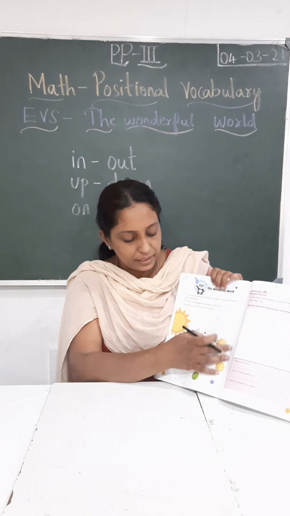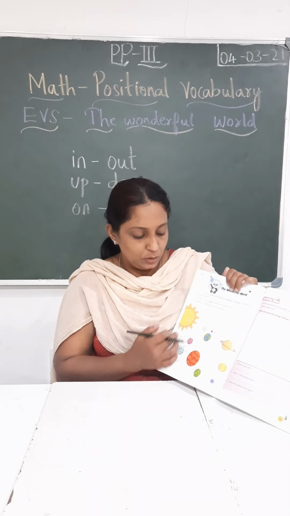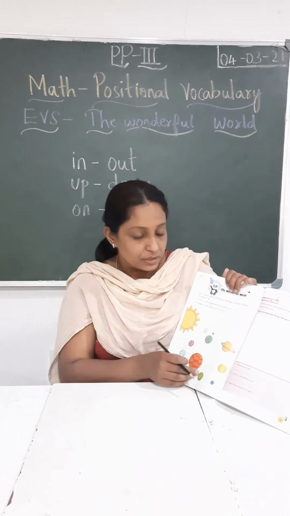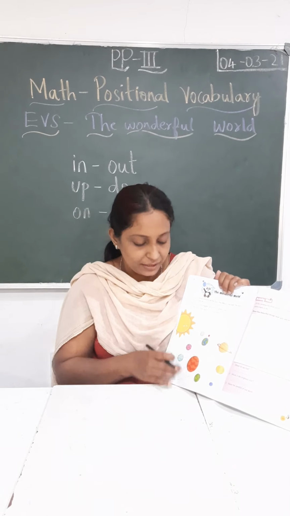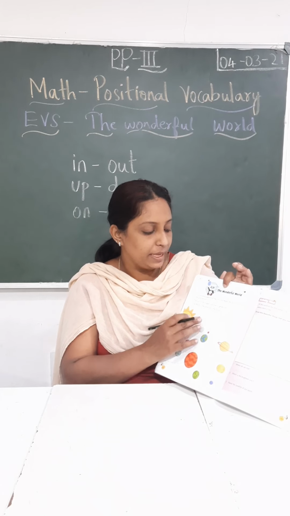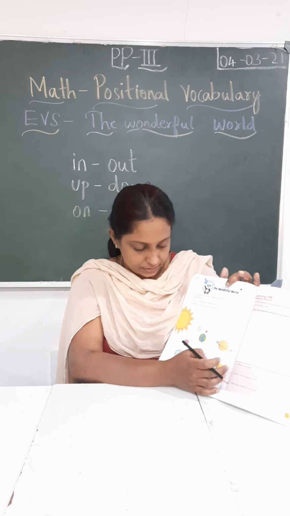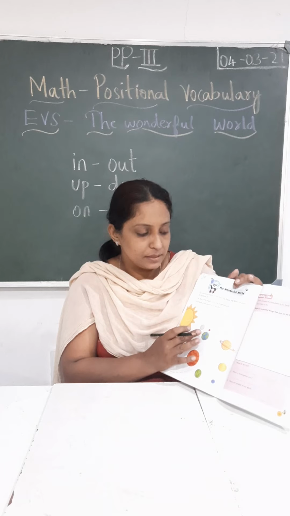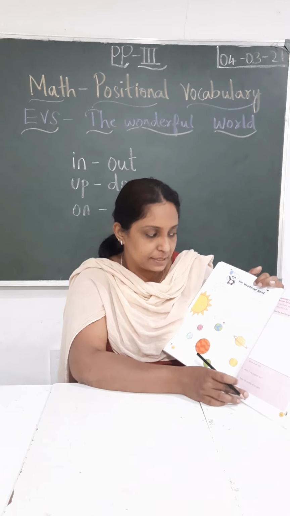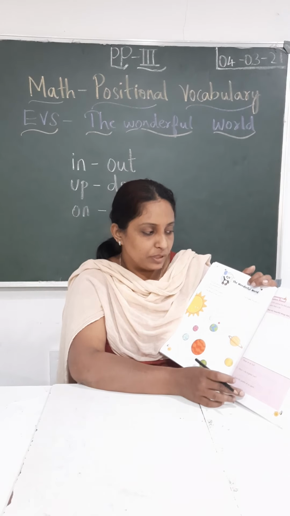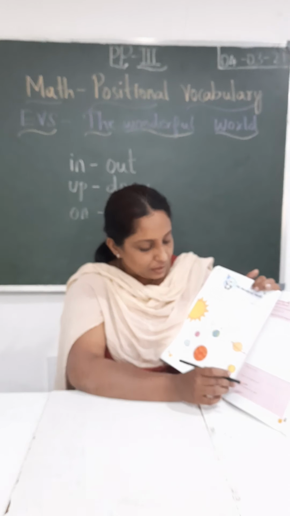This entire part, with the sun, moon and all the planets together, is called the solar system. So understand this better. We also have an activity on page number 65. In this universe, the third planet is the Earth.